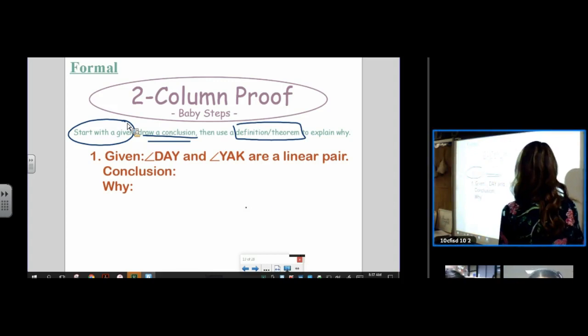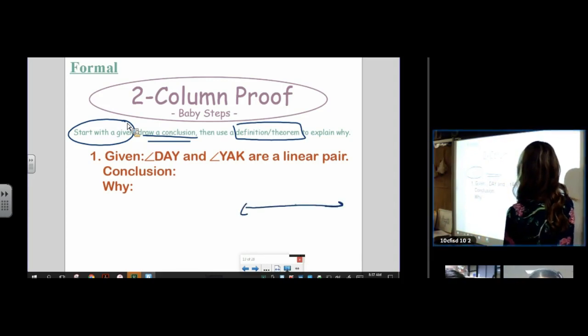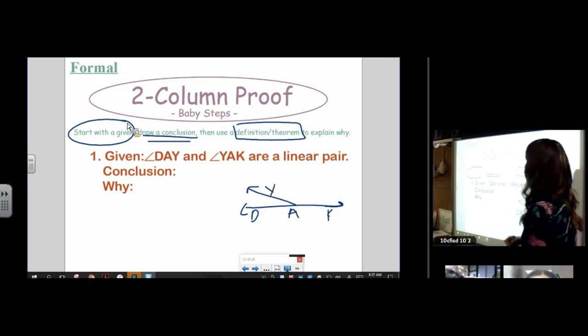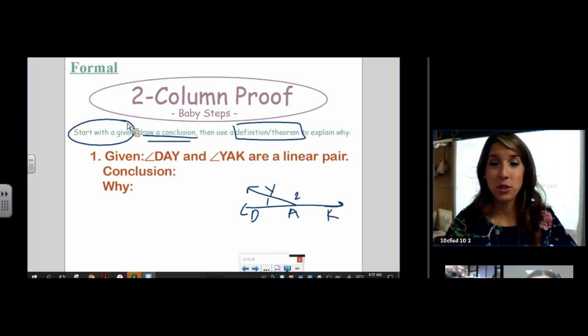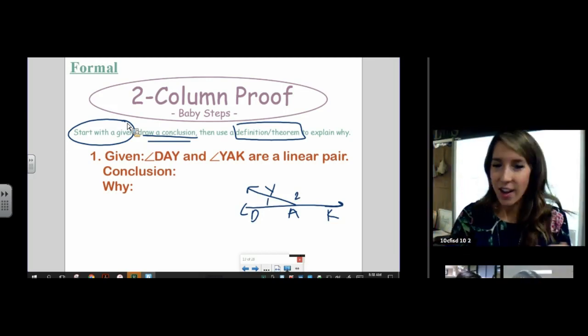So if someone gave you two angles and they said, hey, these are a linear pair, what could you conclude about those two angles? What would you conclude about their measures? Okay, very good.